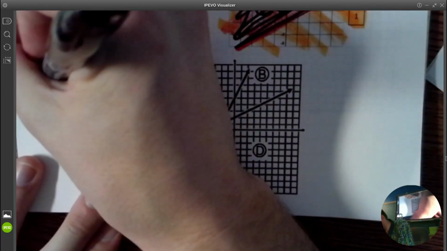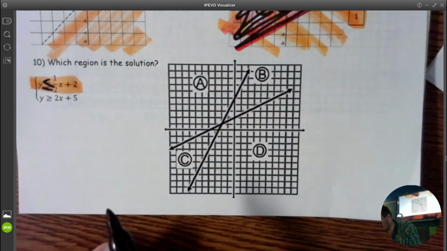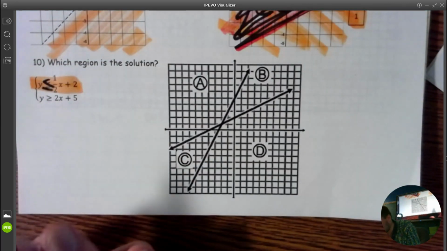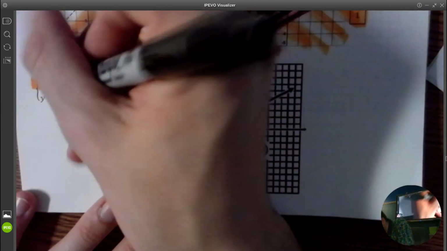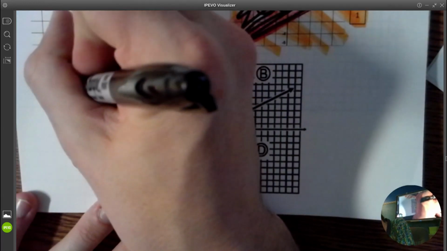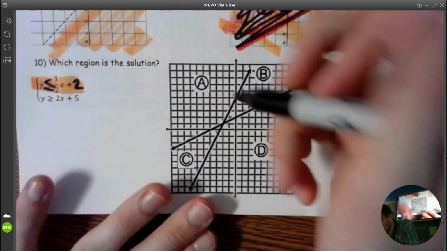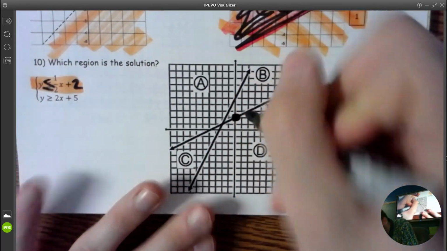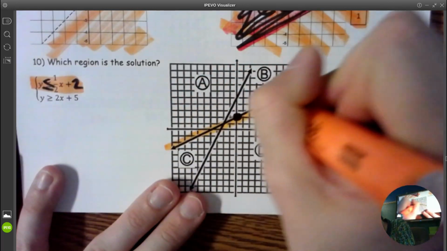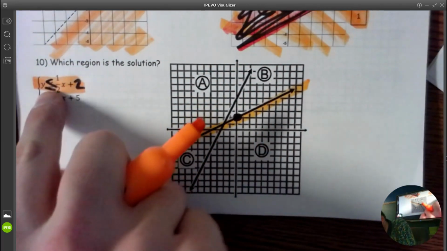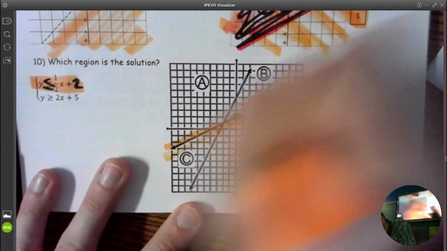We have a less than or equal to, which means we should be less than. Now, I do want to look: how do I know which line's which? This one says 2, which is my y-intercept, which I can see right here. So that's telling me that this is my top line, and I need to color less than that line, which is below.